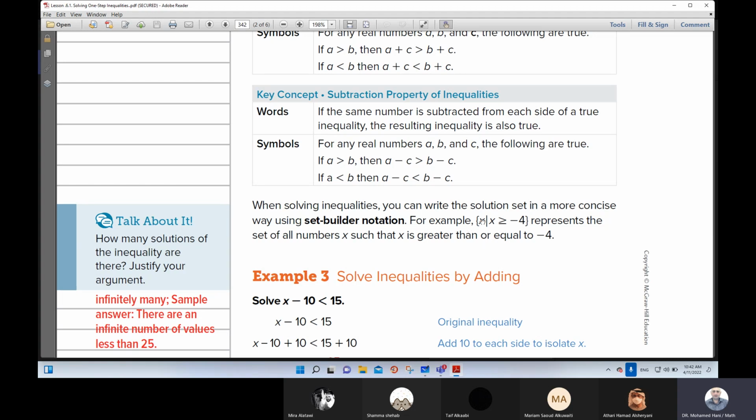For example, x such that x is greater than or equal to -4. The name of the brackets here is builder notation, and the name of the whole form is set builder notation. It represents the set of all numbers x such that x is greater than or equal to -4.